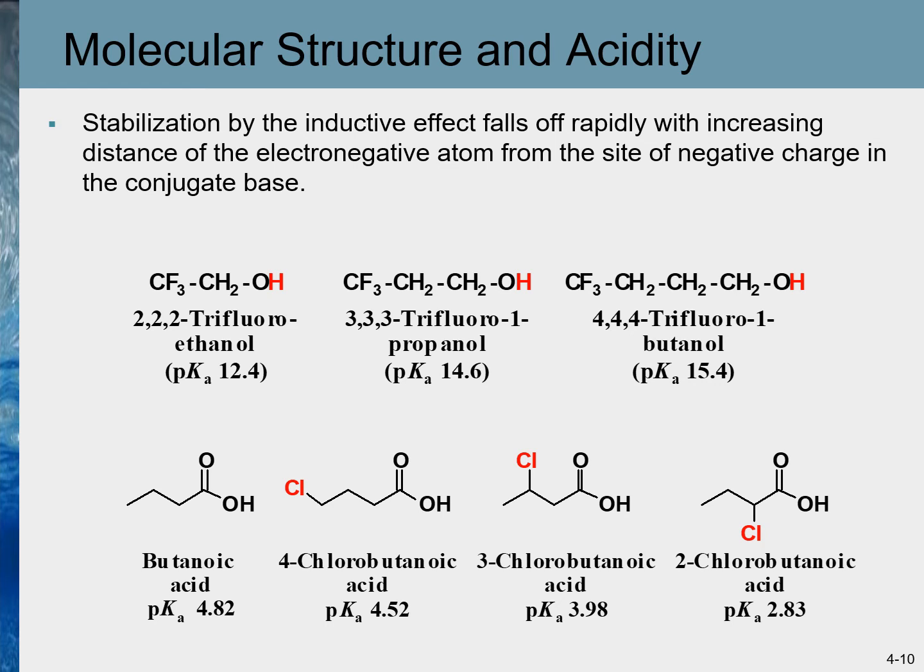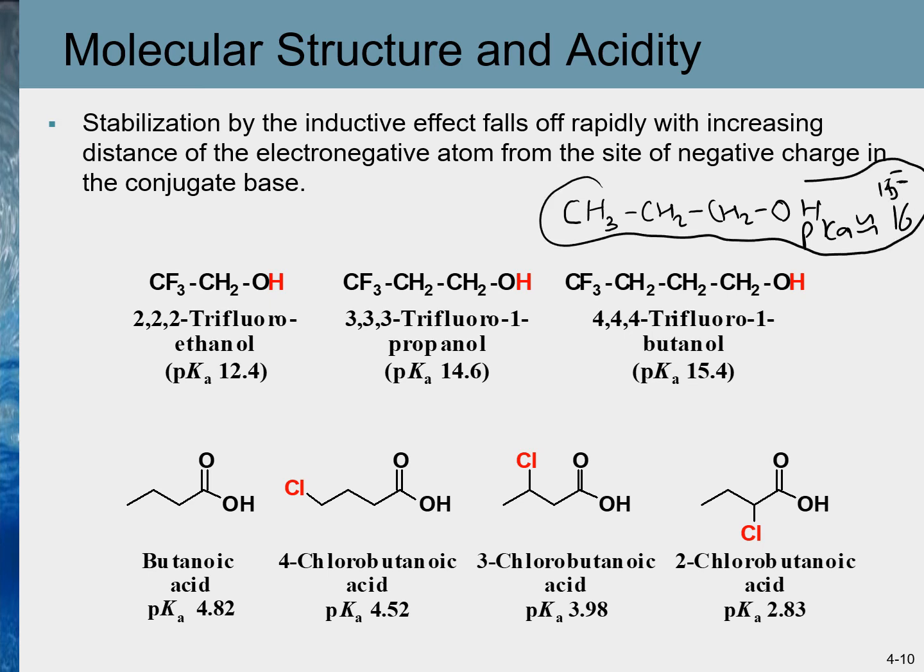And just for reference, if we have no fluorine in alcohols, their pKa value is approximately between 15 and 16. So if there is no inductive effect, alcohol pKa values are between 15 and 16.